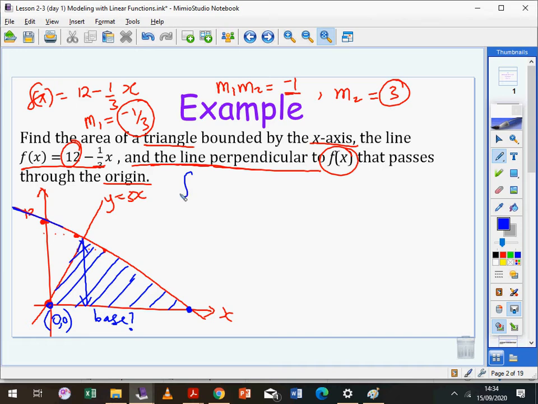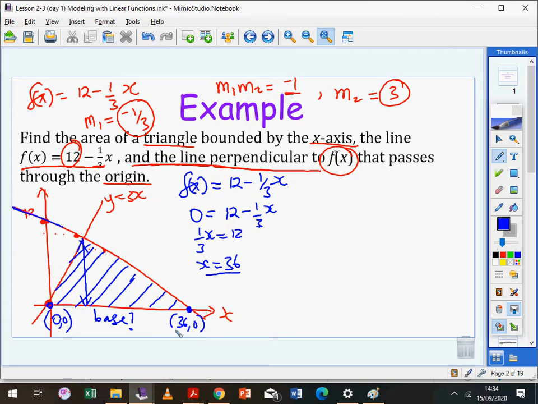Since f of x is 12 minus 1/3 of x, the point where it cuts the x-axis, I hope you remember from yesterday, is the point where the output is 0. So solving for this, I end up with 1/3 of x is equal to 12. Let me write that out. 1/3 of x is equal to 12, and when I solve for x, I end up with x is 36. So that tells me that this x value here is 36 when the output value is 0.